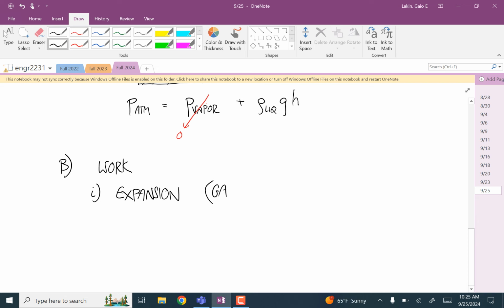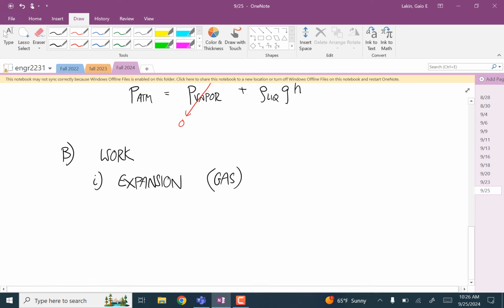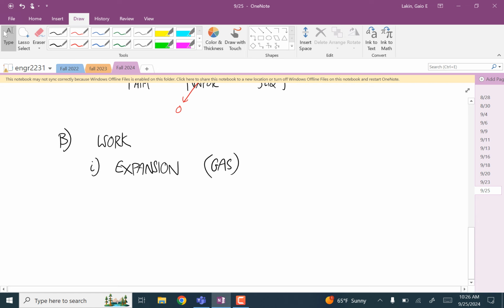And this is really only useful for gas. You never really calculate the work of expansion of a liquid because it's so small, it's so close to incompressible. And this is equal to the integral from the starting volume to the ending volume of P dV.